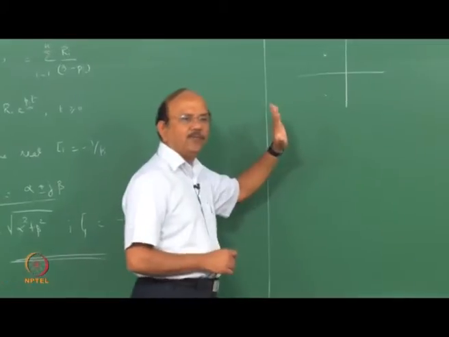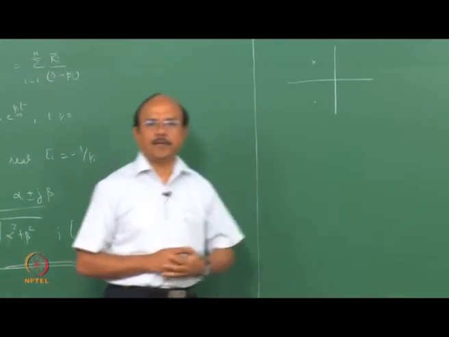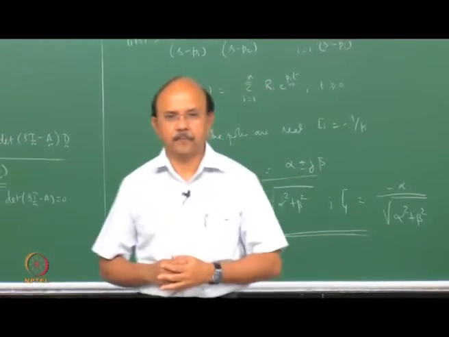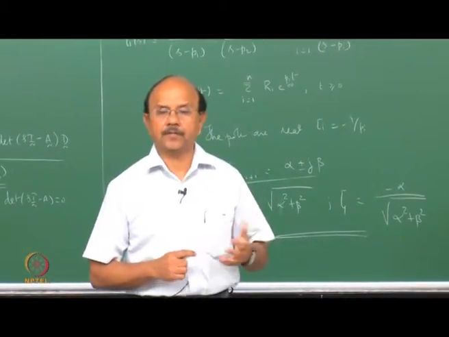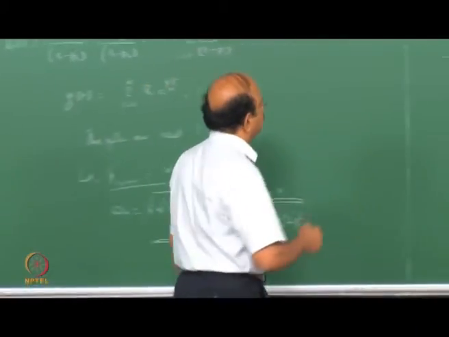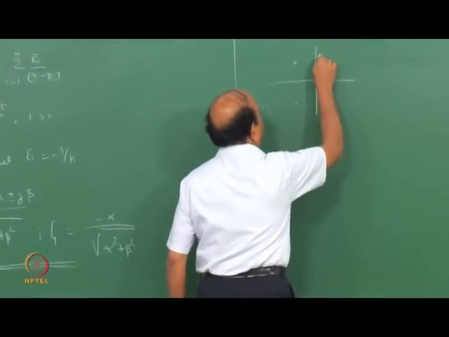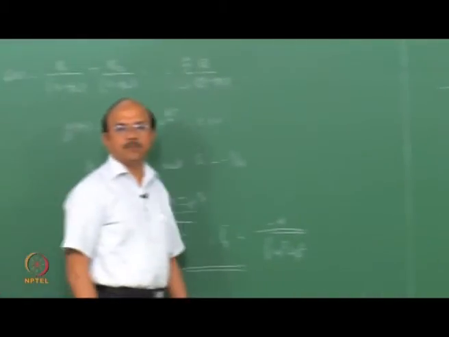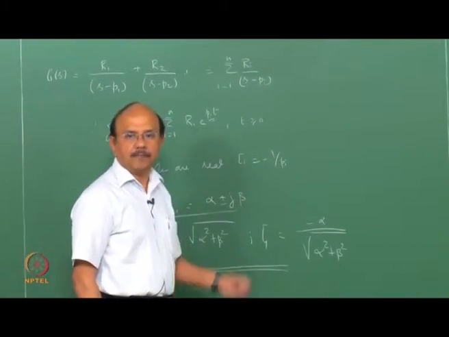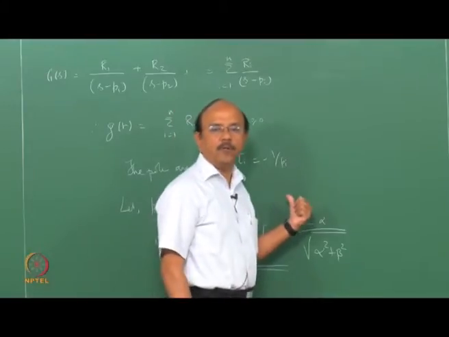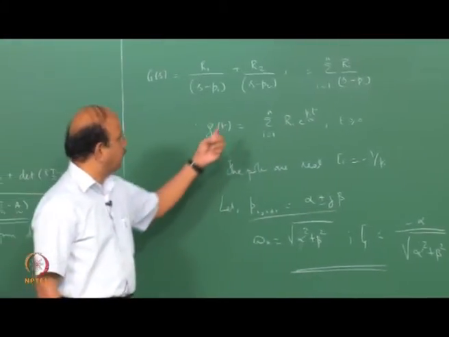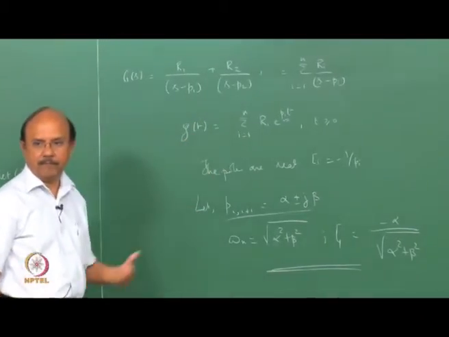Electrical engineers have a very interesting way of interpretation, not analogy, of how they interpret this. So this is the j omega axis. You would notice that if I want to look at the frequency response, what is it that I do? I replace s by j omega, right?